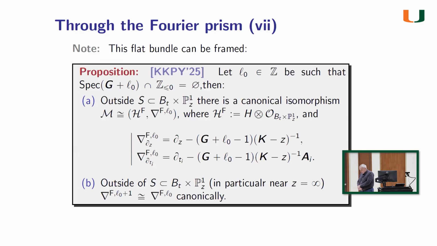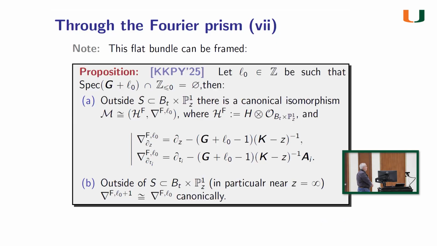Unfortunately, on the nose, this logarithmic flat bundle is not trivialized. But you can trivialize it, but there is some resonance that you have to worry about. So you can choose an integer so that if you take the spectrum of G and shift it by that integer, it doesn't contain anything negative.